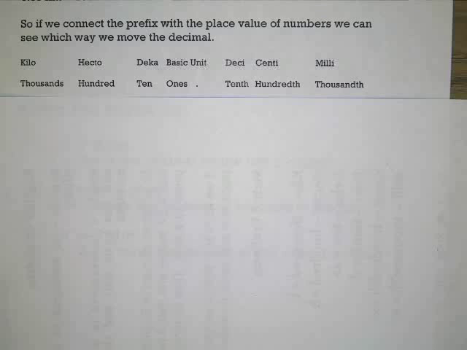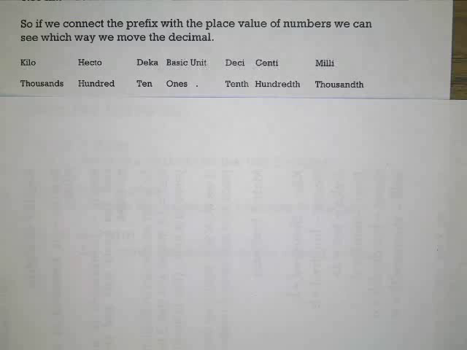If we have hecto, we're at the hundreds place. If we have deca, we're at the tens place. If we're in our basic unit, that's ones, and then we have our decimal place after that. And if we have deci, we're at tenths, centi, hundredths, and milli, thousandths. All of a sudden, our prefixes line up to our number line.